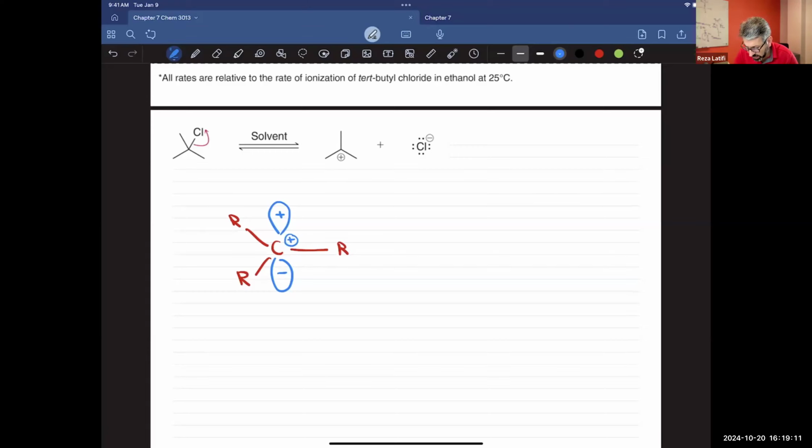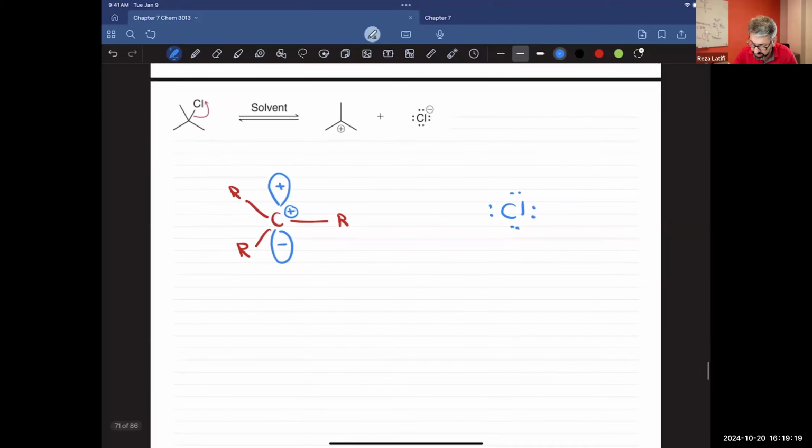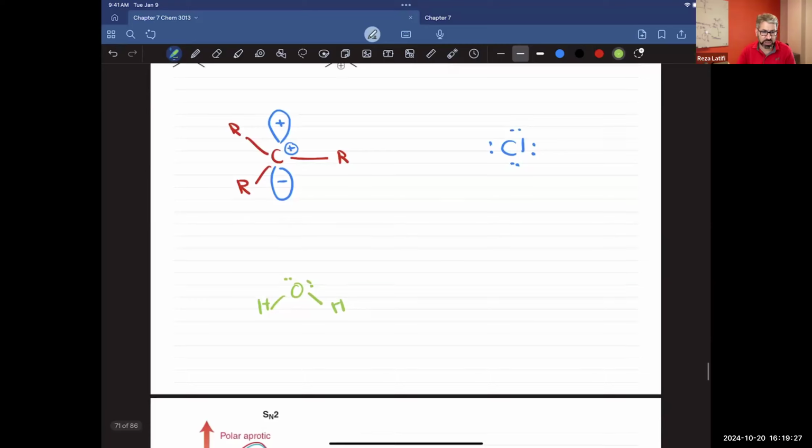And also we have a chloride, and the chloride has four lone pairs. If you have a polar solvent, like, for example, water, it has lone pairs, and it also has hydrogen attached to an electronegative element.